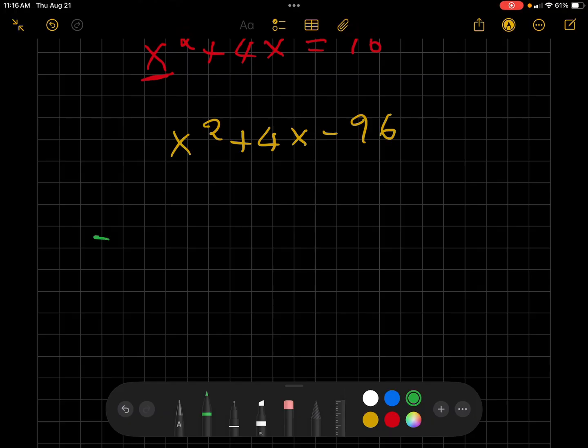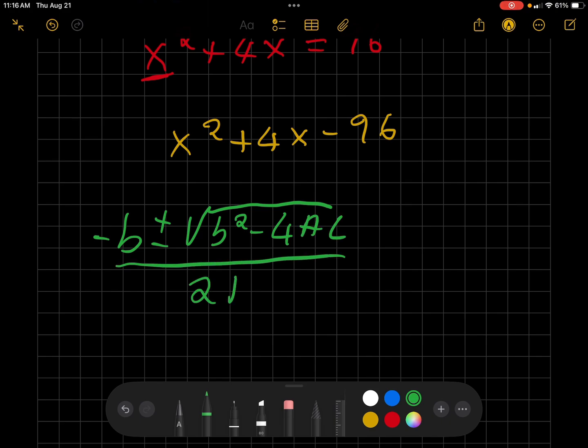So that is negative b plus or minus the square root of b squared minus 4ac, and that's all over 2a.